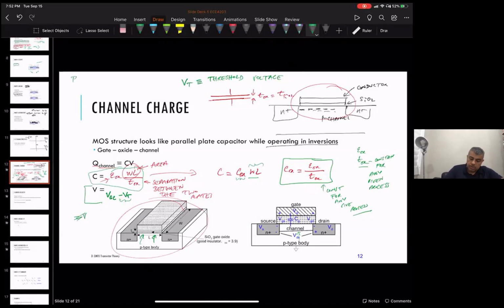Because we're in linear mode, assume on average that V gate channel is V gate source minus V drain source over 2. So that's what the channel voltage ends up being: V gate source minus V drain source over 2 minus VT.